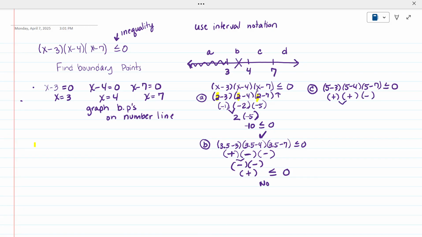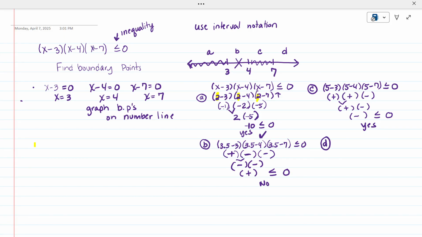So multiplying, I get a positive times a negative. That gives me a negative. And a negative number is less than or equal to 0 because it's less than. So that's going to be a yes for that region. Let me come back and say a yes here. So that means that all the points between 4 and 7 do satisfy that inequality.